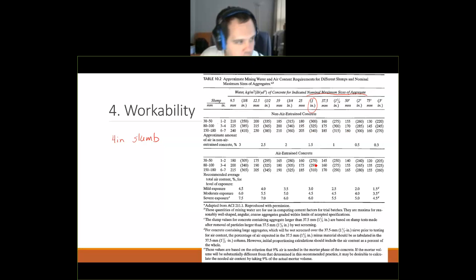So we're going to come down here and select 295. We want this row for 295 pounds of water, and this is per cubic yard of concrete.